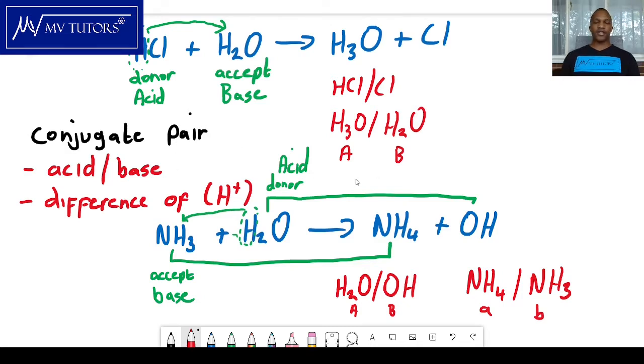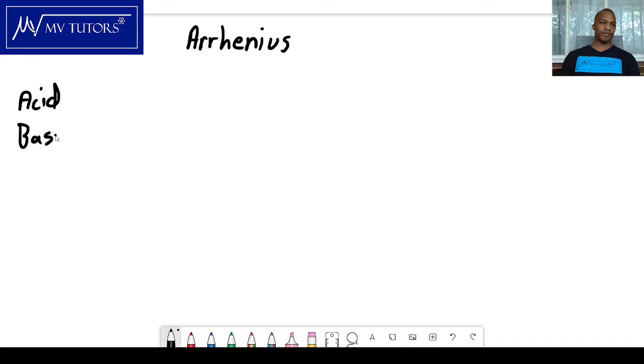Now let's go into the other definition. Let's look at the definition according to a man called Arrhenius. He defines an acid and a base.